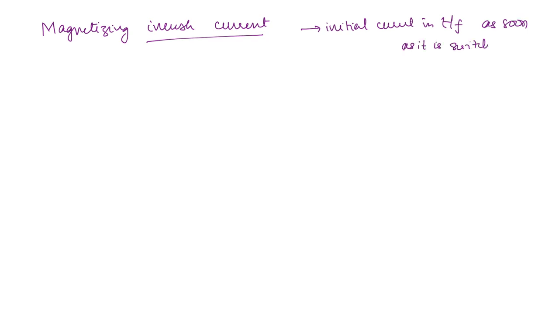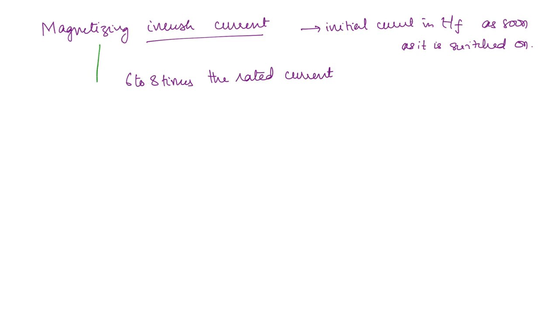This current is going to be as high as fault current, 6 to 8 times the rated current. Now we don't want the transformer to trip in the case of magnetizing inrush current, but then how will the transformer differentiate between the inrush current and actual fault current?